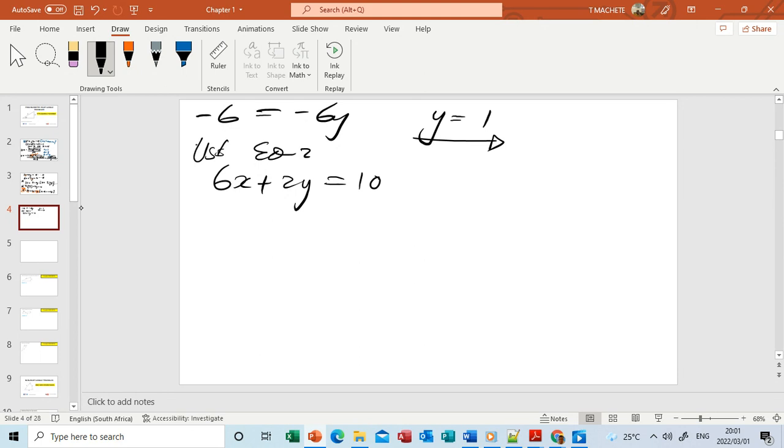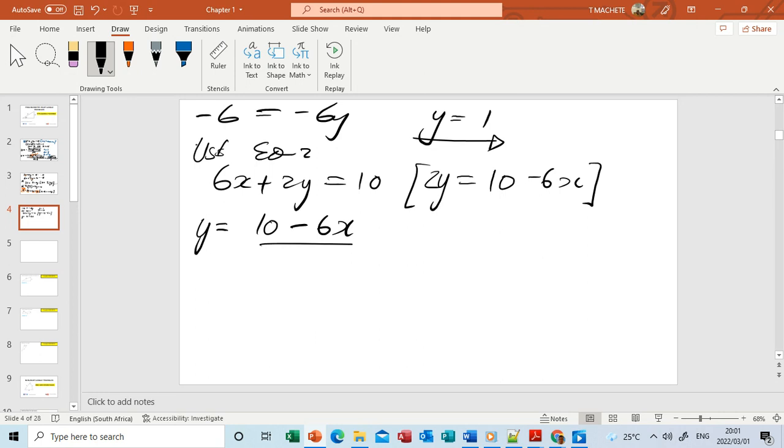Let's make y the subject of the formula. 2y equals 10 minus 6x, then y equals (10 minus 6x) over 2. Then you're going to have 10 minus 6 over 2. What is 10 minus 6? You're going to get 4 over 2, which is 2.